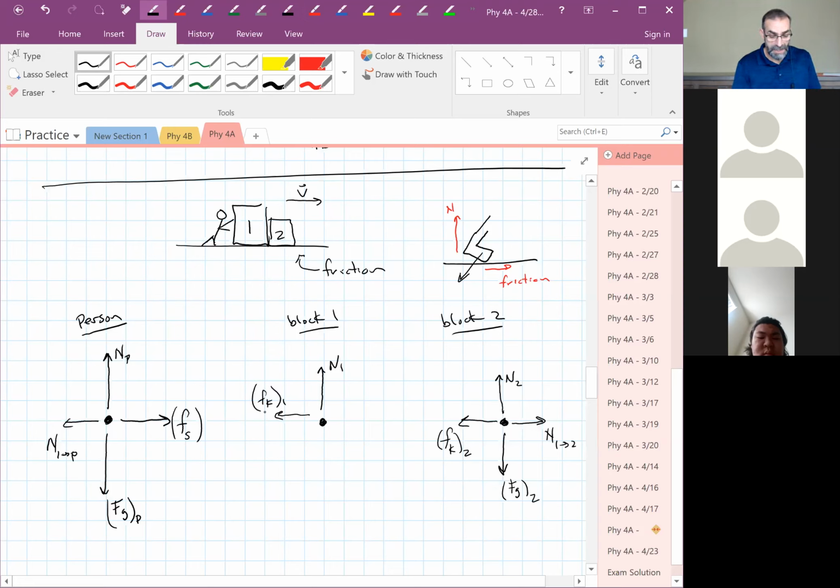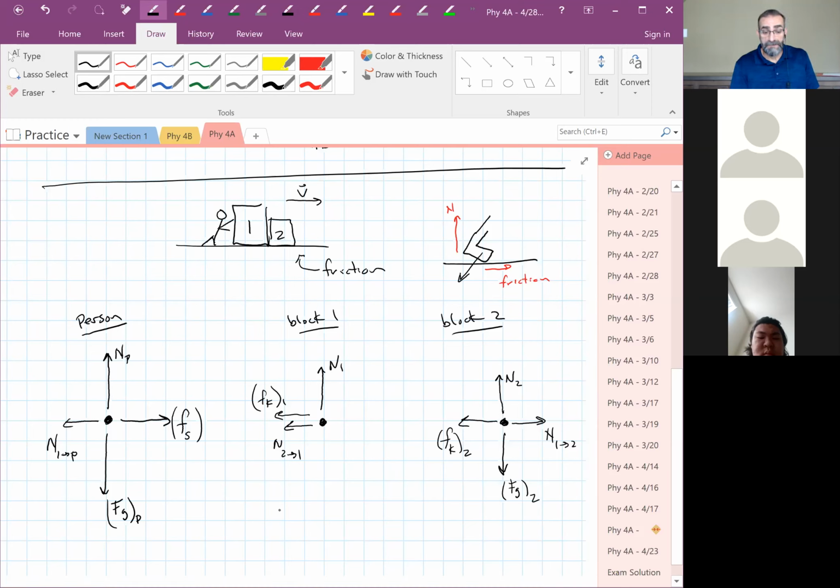What else is touching it? Block 2 is touching it. So as block 1 tries to move to the right, block 2 pushes back against it. So I've got a force this way, normal force from 2 on 1. What else is touching it?